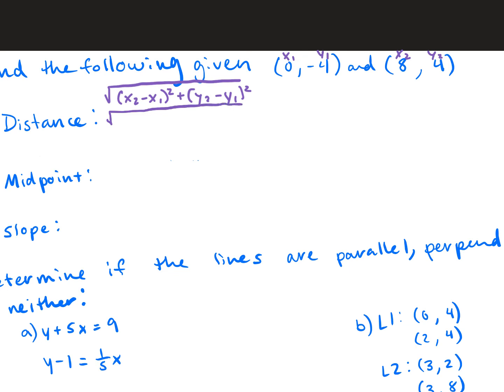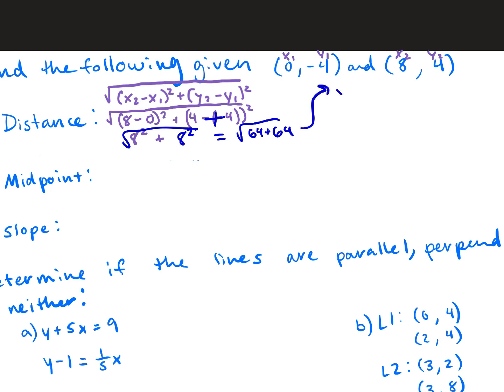So I have the square root of 8 minus 0 squared plus 4 minus negative 4 squared. So this would be 8 squared plus, when we subtract a negative, it turns into a plus, so here this would be 8 squared. So then we have the square root of 64 plus 64, which would be the square root of 128.